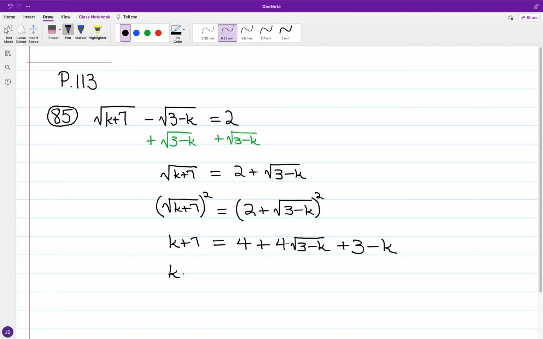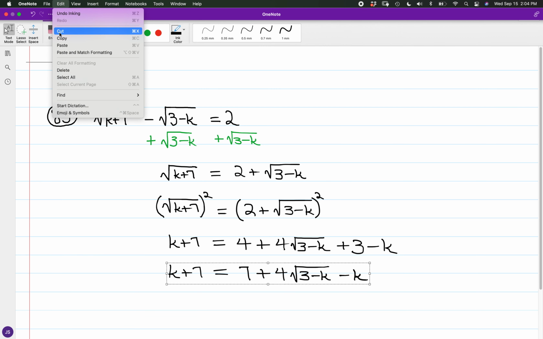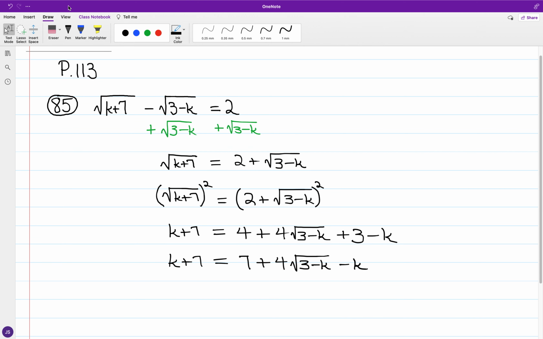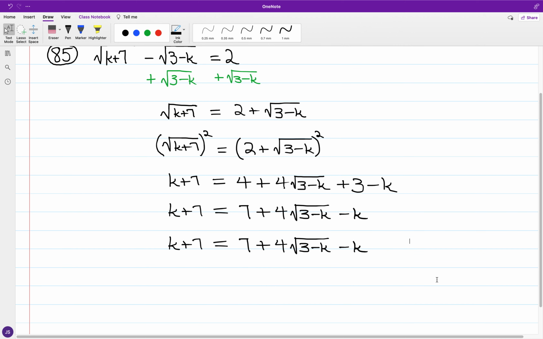To the right, we have constants to combine with 4 and 3, so we're going to have 7, and we still have a remaining radical term, 4 times the square root of 3 minus k, and we have negative k to follow. At this point we have like terms to combine, and doing so we're going to isolate 4 times the square root of 3 minus k.